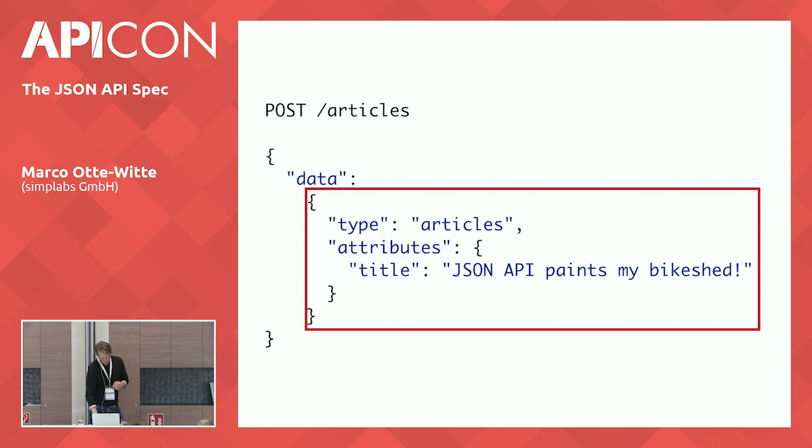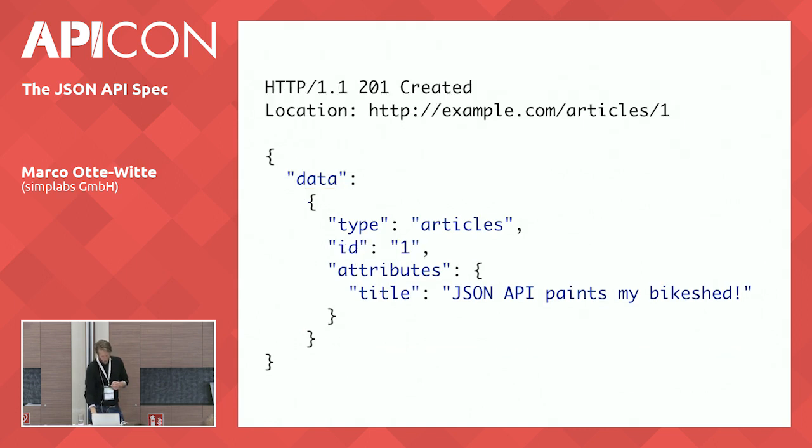And then the response for this would look something like this. First of all, you see the status code is 201 Created, which signals successful server-side creation of the record. You also get a location header that has the location where you can later read that created record again.